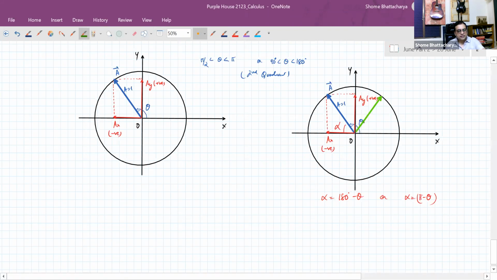So if this angle is alpha, then you will see that this and this should be identical. Actually, in a proper diagram, they should be identical.